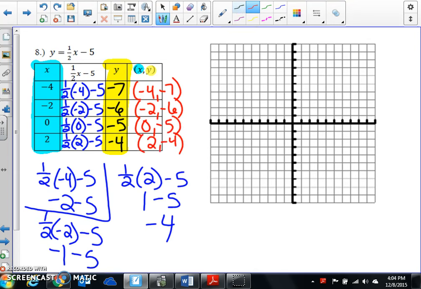All right, let's plot them. I go to the left 4, 1, 2, 3, 4. I go down 7, 1, 2, 3, 4, 5, 6, 7. Left 2, down 6. I don't get to go left or right, but then I drop 5. And then over right 2, down 4.